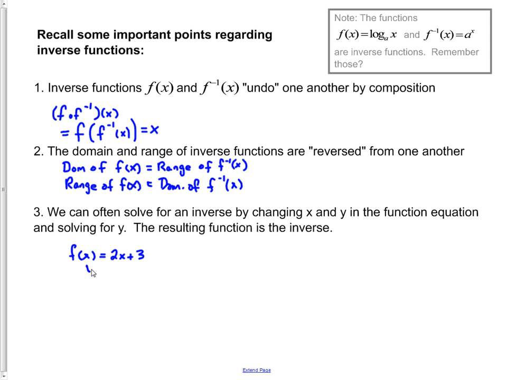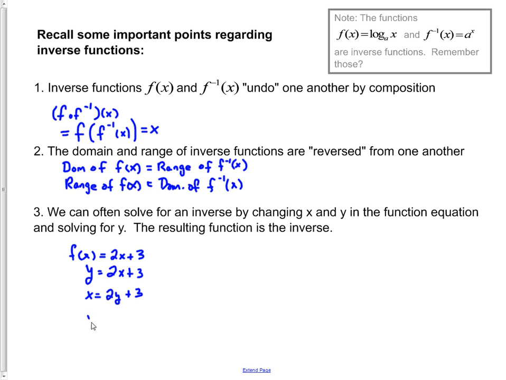Then we could rewrite it by switching the values of x and y in the function. So x becomes 2 times y plus 3 in the inverse function. We isolate y in the new equation, and that should be minus. Let's try that again here.